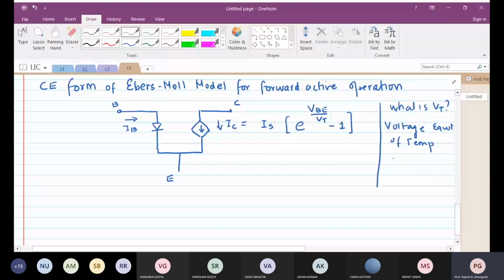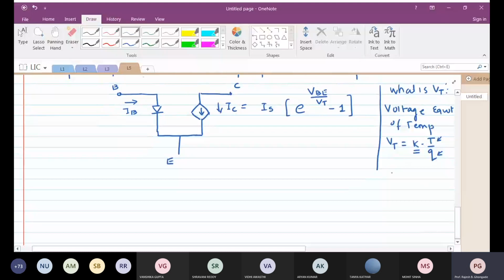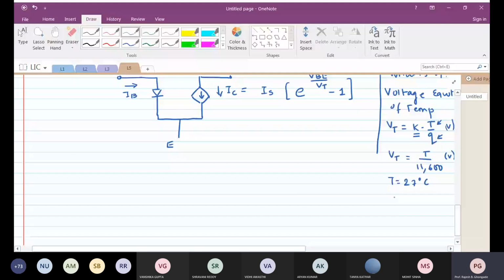K into T by Q, where K is the Boltzmann constant, Q is the electronic charge, T is the temperature of the junction in Kelvin. Remember that. K is constant, Q is constant, so this turns out to be T by 11,600. And of course, what are the units? Units are in volts, since it is voltage equivalent. At room temperature, T equal to 27 degrees Celsius, this VT turns out to be nearly equal to 26 millivolts. Just remember.